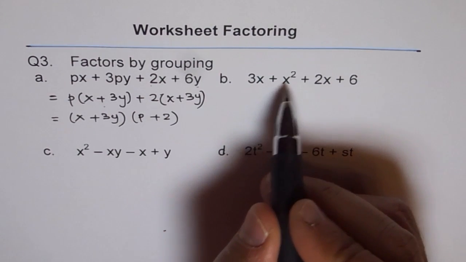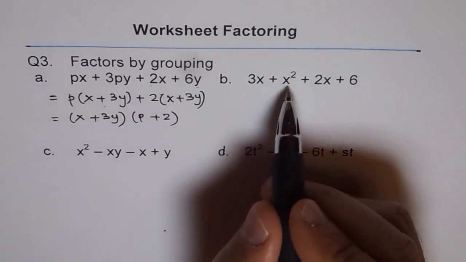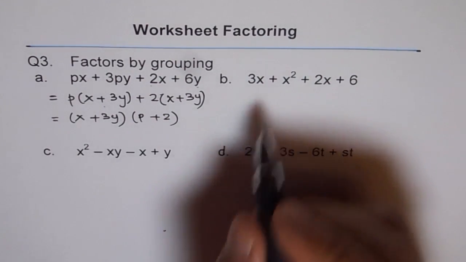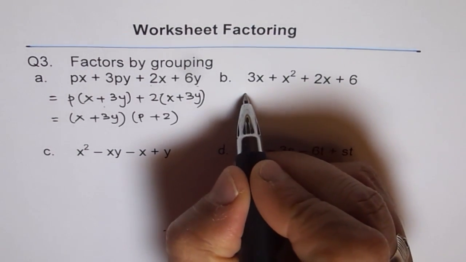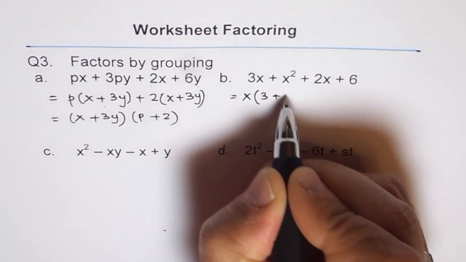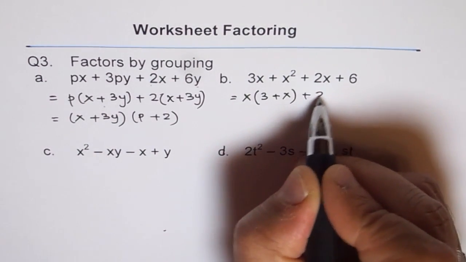It is 3x plus x squared plus 2x plus 6. In the first 2 terms, we have x common. So let's take x common, and then we get 3 plus x. And in these 2 terms, 2 is common.